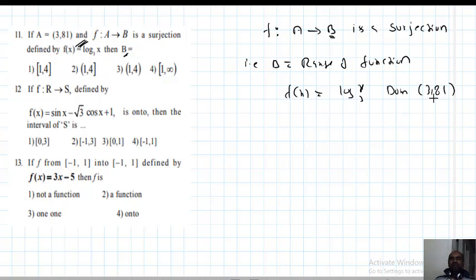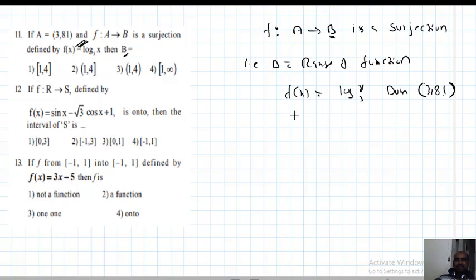So if your values are taken from 3 to 81, what outputs will you get? Those are said to be the range. Observe here, open 3 to 81, both are open.